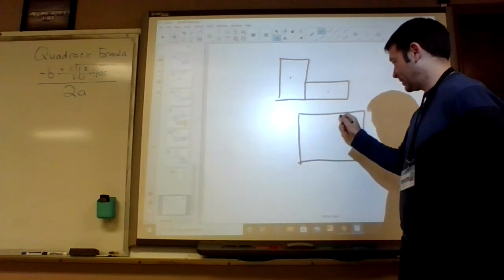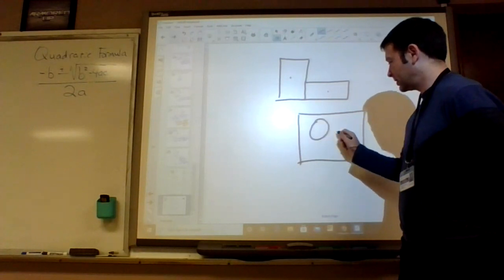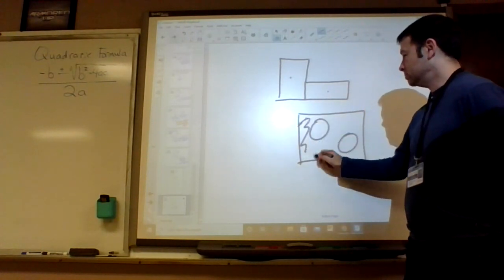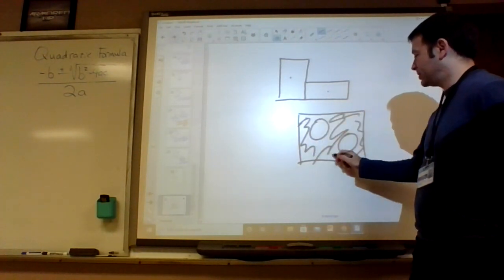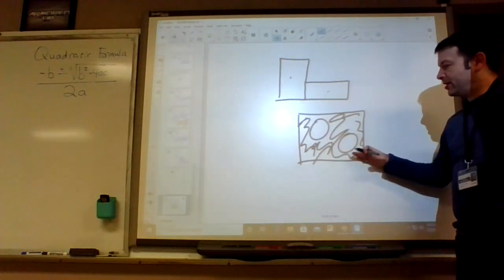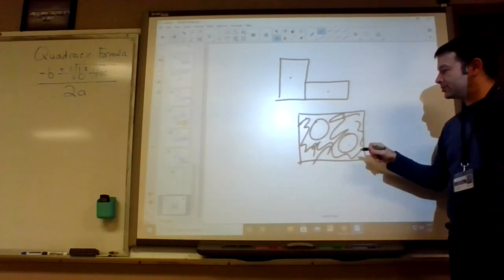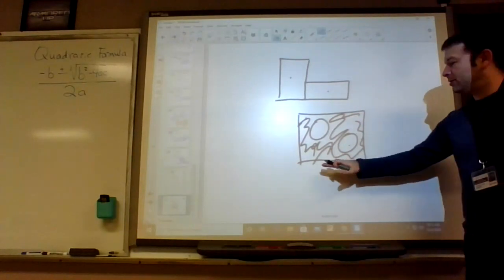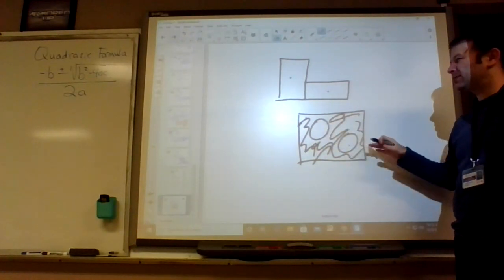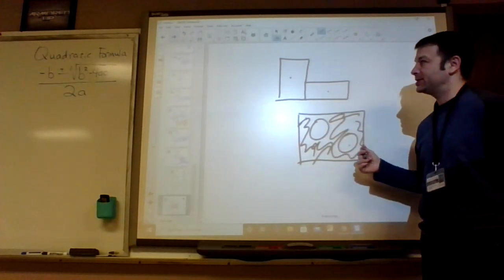You're supposed to find the area of the shaded region. Basically, you do the area of the big thing and take away the area of the holes. So you do the area of the rectangle minus the circle areas. That gives you the shaded region.